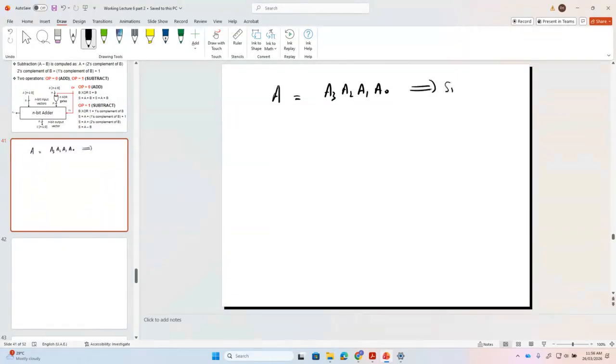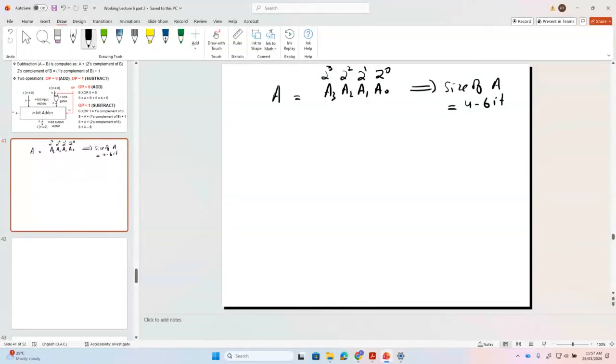What is the size of A? 4. I'm just taking an example. It's a 4-bit signal, and we already did this with binary numbers. What is the weight of A0? 2 to the power 0. Its weight is 2 to the power 1, then 2 to the power 2, then 2 to the power 3.